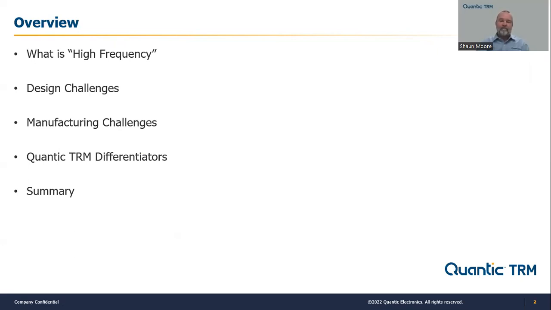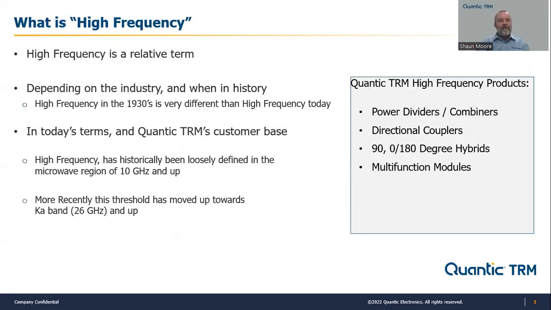Okay, well, that sounds good. And so to start, how do we define high frequency? High frequency is kind of a vague term, right? It's one of those things where what's high to you is not necessarily high to me. Historically, if you look back in the 1930s, high frequency was UHF, which at this point is very low frequencies.